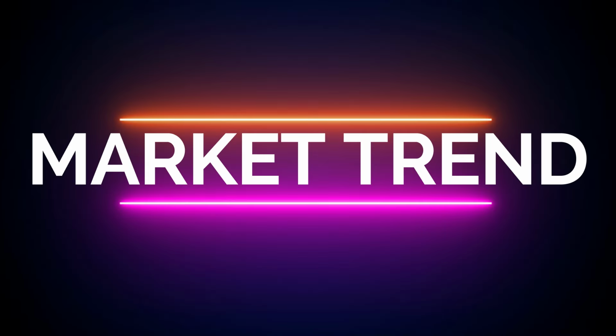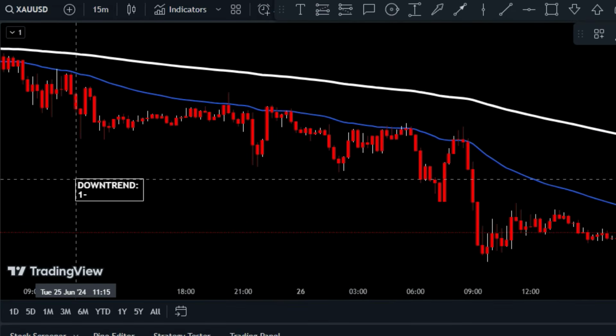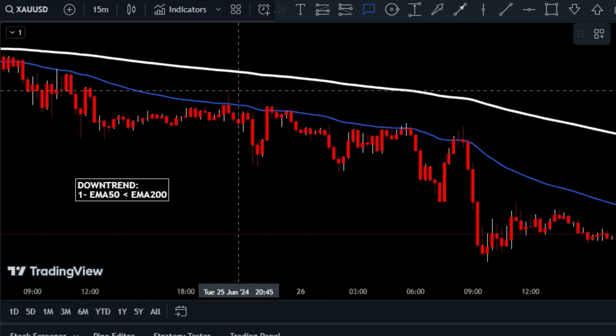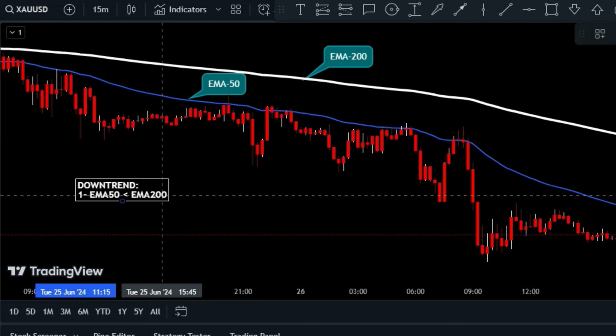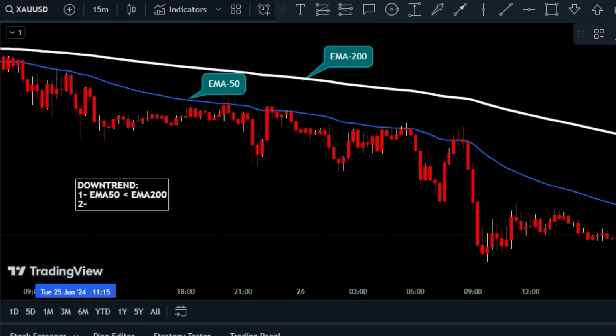Hold your horses, traders. Before we kick off our strategy, let's take a quick second to get a feel for the market's main trend. Here's a handy tip to help you out. If you notice that EMA 50 is below the EMA 200 and the price candles are below all moving averages, that's a solid sign we're in a downtrend.